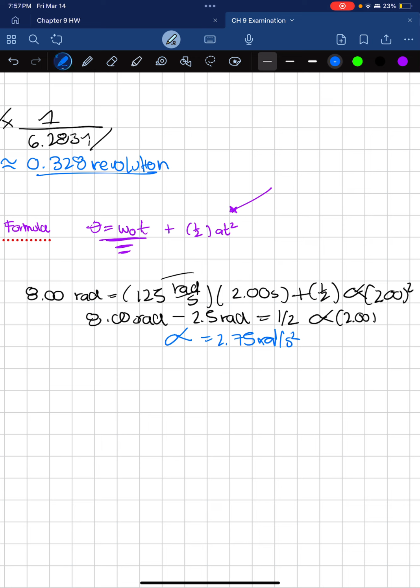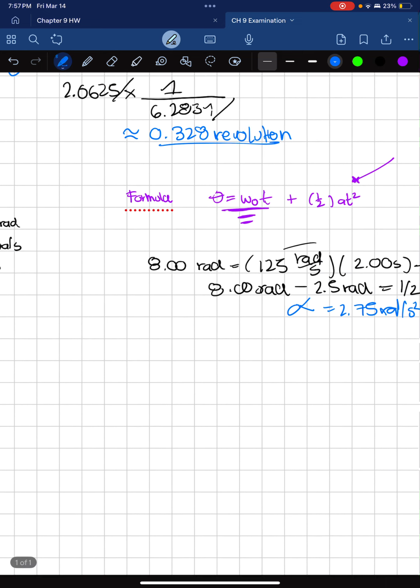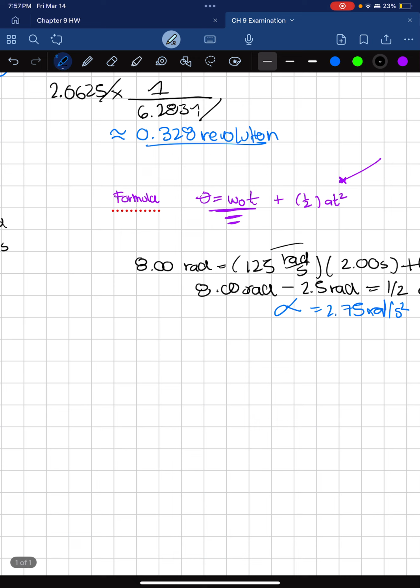So let's go ahead and go to part E. Through what angle in radians does the rotor rotate from 0 to 4 seconds? In this case, we're just going to use the same formula, but we can see that we have a different time. So instead of 2, we're going to use 4. So t is going to be 4 seconds. Same formula as before.